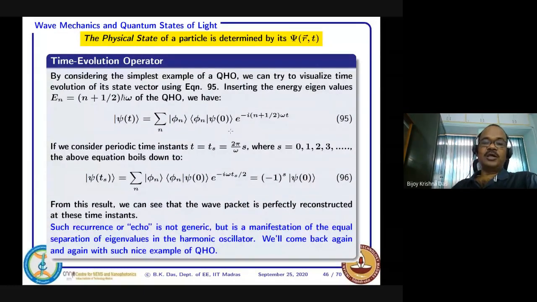Now suppose I try to understand the value of this psi for a specific time instant, t s equal to 2 pi by omega s. From t equal to 0, you are moving in time up to 2 pi by omega. Omega is the frequency, so 2 pi by omega is the time period. When we put some integer s, that means at every time period I want to see what is happening to this wave function for the simple harmonic oscillator.